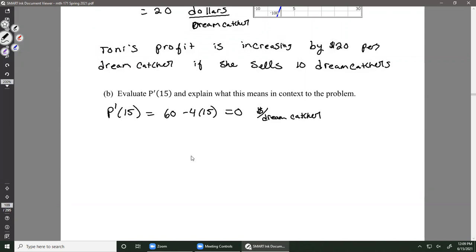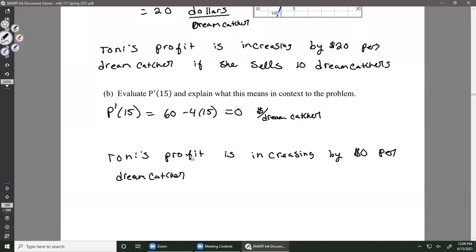And if we were to write a sentence, you can pretty much copy the sentence we had before. Tony's profit is increasing by $0 per dream catcher if she sells 15 dream catchers.